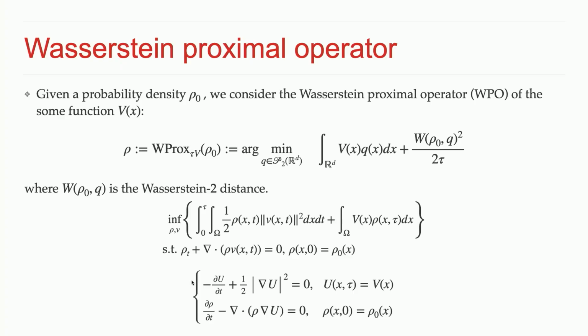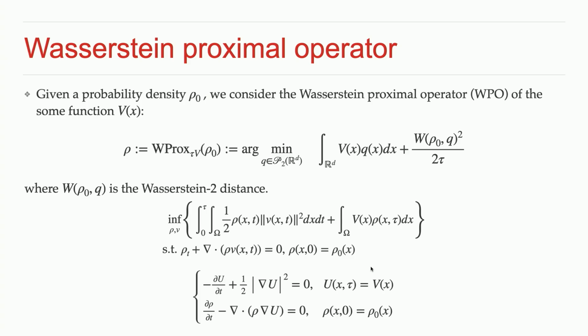We can always look at its first order optimality conditions, which will give us this very nice coupled system where the first equation is a Hamilton-Jacobi equation, which showed up in the first talk from Monday.